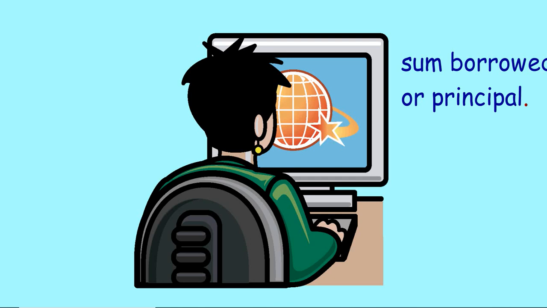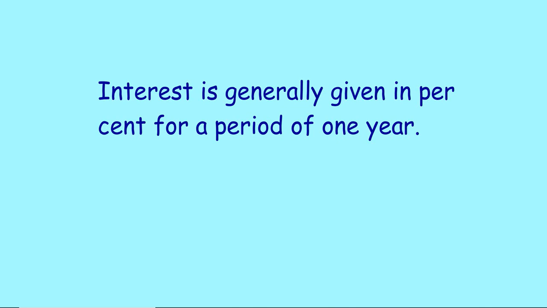For the amount we borrowed, we have to give some extra money to the bank. This extra money we can call it as interest. The interest is generally given in percent for a period of 1 year. That is, suppose a bank is charging 10% per annum interest, this can be written as 10% PA.